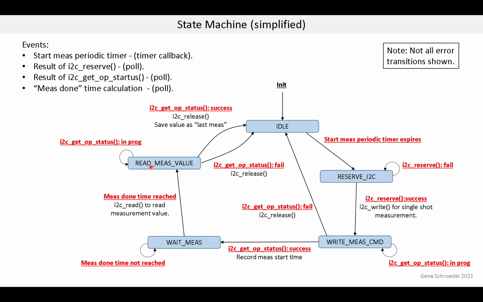And I'll just focus on the success case this time. In that case, assuming the CRC is good in the measurement data, we save the measurement value as the last measurement. And that brings us back to idle. And you might have noticed that before we return to the idle state, we always release the I2C interface.